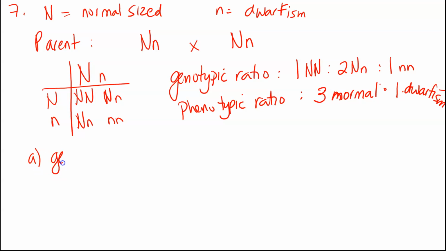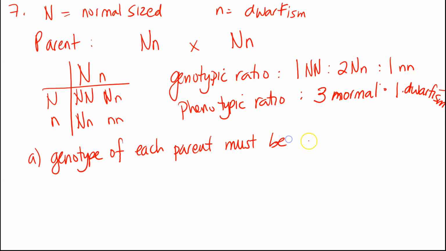Okay, so the question was, what is the genotype of each parent? So the genotype of each parent must be big N, small n. Okay, so let's just show both of the parents there.